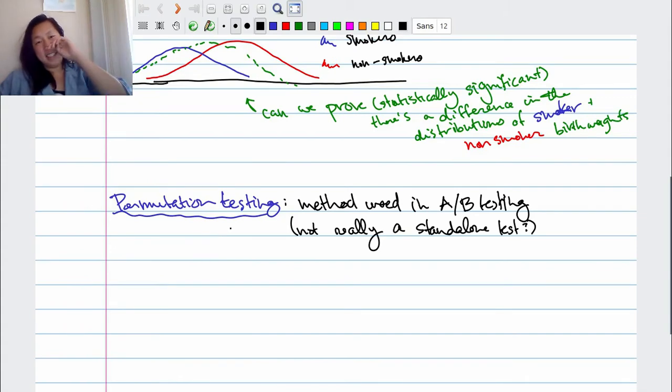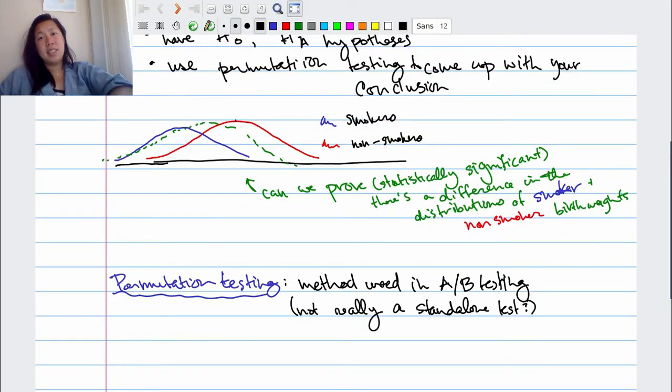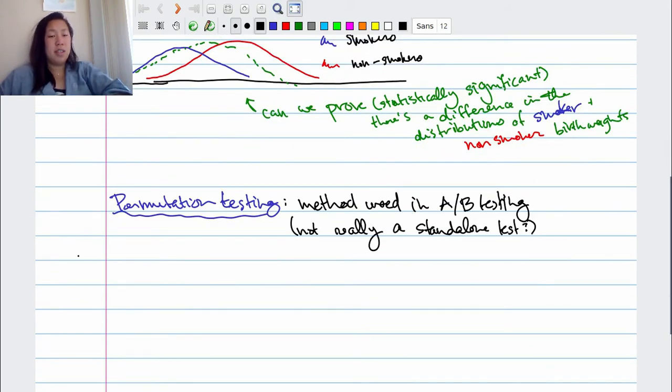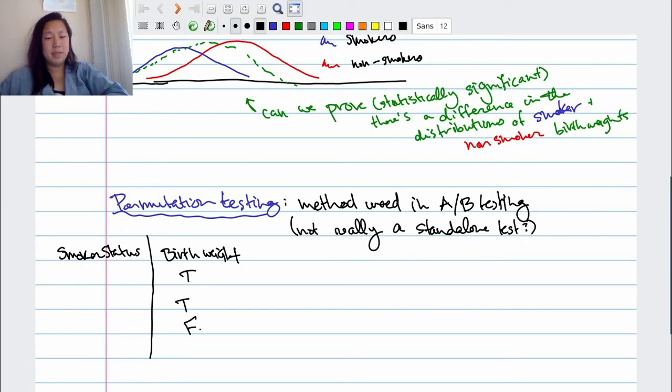So what permutation testing is, basically, you have these two distributions, but you only see them in one sample. If we have our table, with smoker status and then birth weight, smoker status could be true, true, false, true, false.